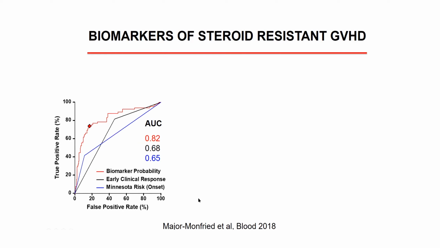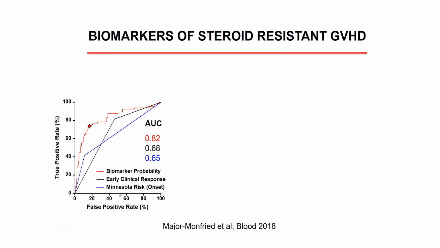And here you see in data that we published a couple of years ago that the black line, which is the early clinical response to treatment, gives an AUC of only 0.68.